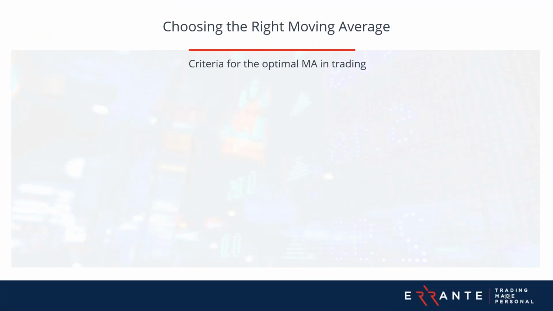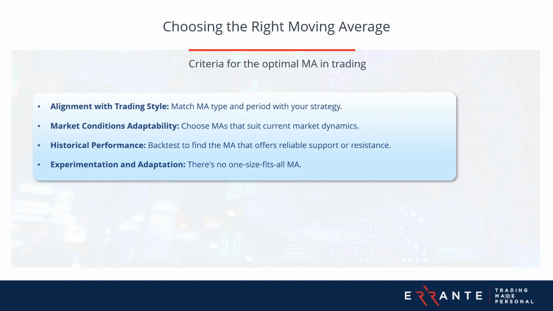Very well, so let's move forward choosing the right moving average and talk about the criteria for the optimal MA in trading. In the pursuit of integrating moving averages, or MAs, into trading strategies, the paramount factor for selecting the most suitable MAs is its reliability in reaction to price movements.